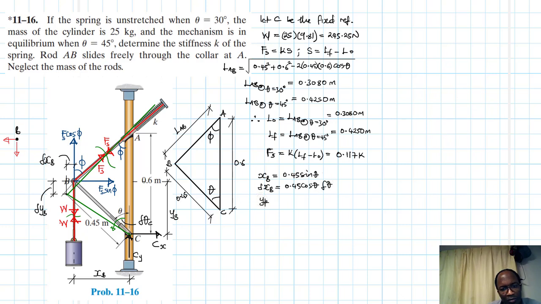Then we have yb equal to 0.45 cos theta. Okay, and then we have del yb equal to 0.